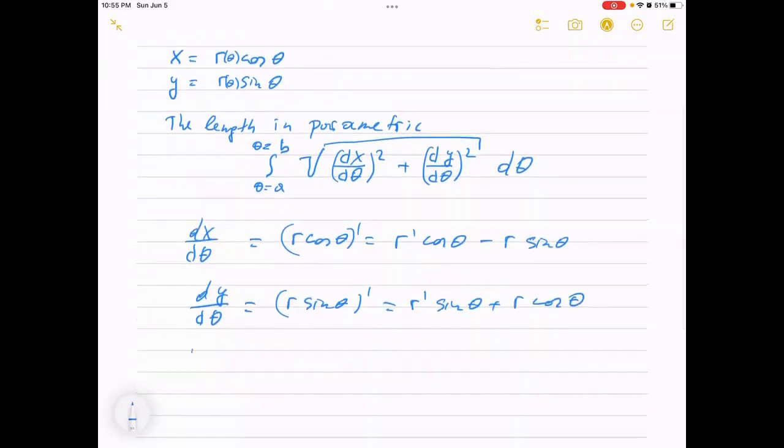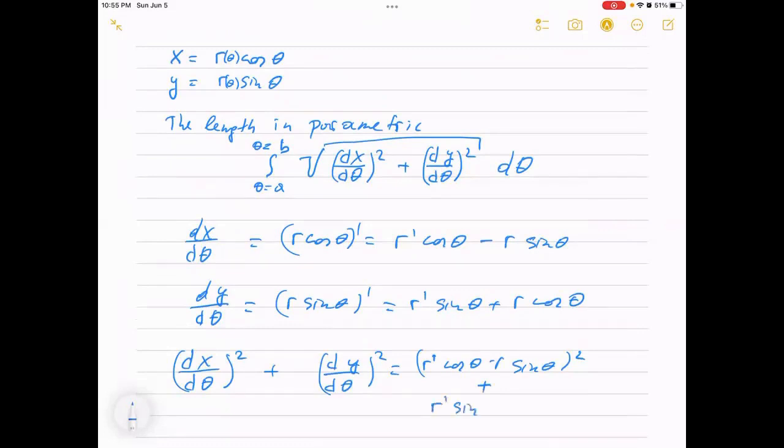So now we're ready to simplify dx d theta squared plus dy d theta squared. We get r prime cosine theta minus r sine theta, squared, plus r prime sine theta plus r cosine theta, squared.